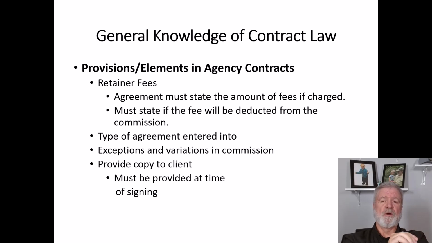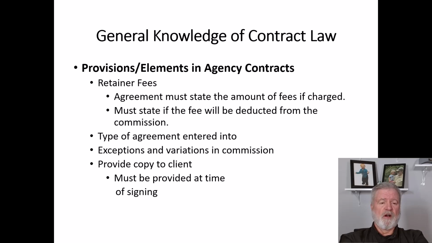Just make sure whatever type of agency agreement you're using, that's specified. And typically it says it right at the very top. Exclusive right to sell or exclusive right to buy. Obviously the exclusive right to buy or sell, that's the one that protects you the most. Basically meaning if you buy a house or sell a house under any circumstance, I get paid, right? So just make sure we've identified those things.